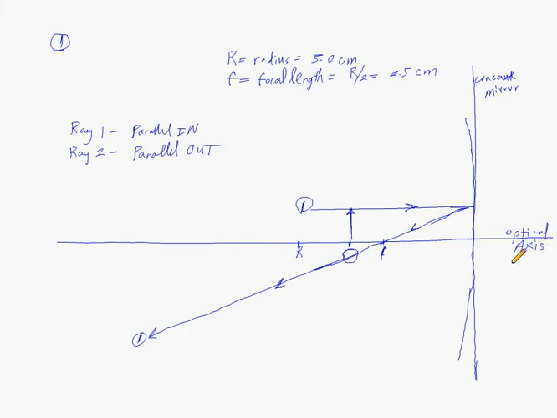So I'm going to draw ray number 2. Again, it has to pass through the tip of the object. Ray number 2 passes through the tip of the object, through the focal point. It hits the mirror right there, and then it comes parallel out.